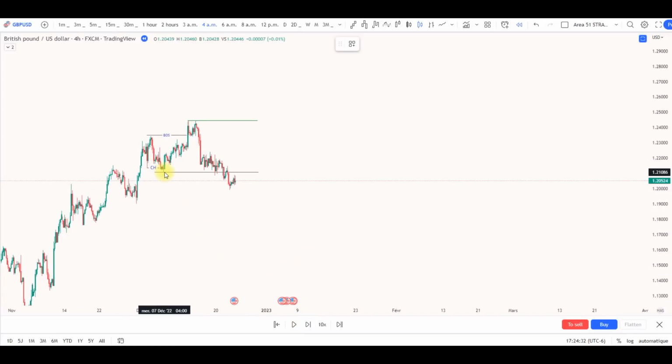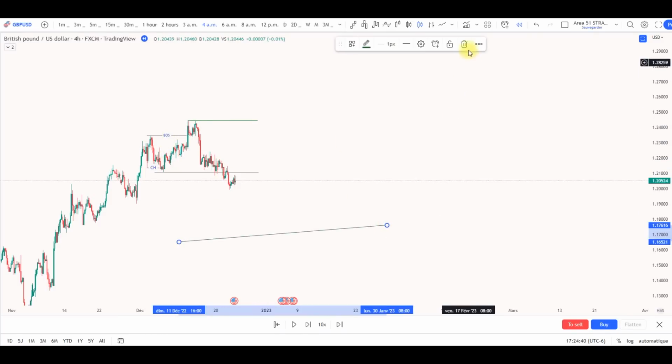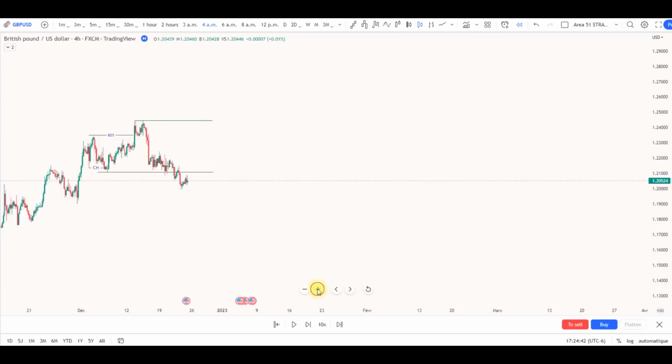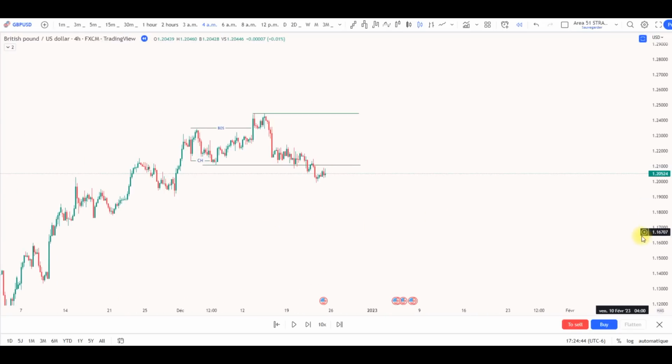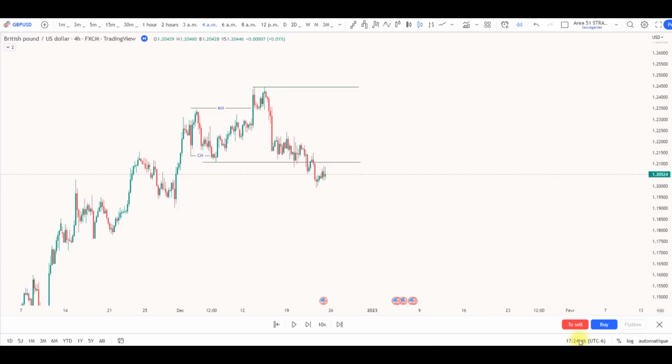Now we broke the original move, which is the higher low here, that broke this structure to the downside. So now what we're looking for is a downtrend market. Instead of looking for an uptrend, instead of looking for demand, now you're looking for supply zones.